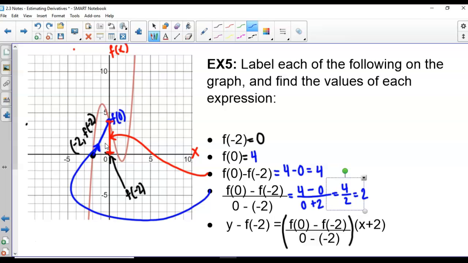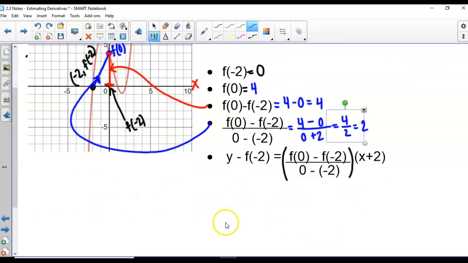Okay. Again, on the last one, we could plug in numbers, but let's try to look and see what in the world this is here. So, first of all, what is this part right here? That is going to be, it looks a lot like slope formula to me.